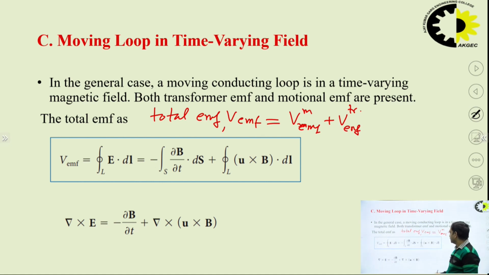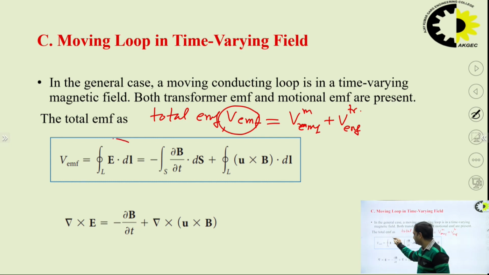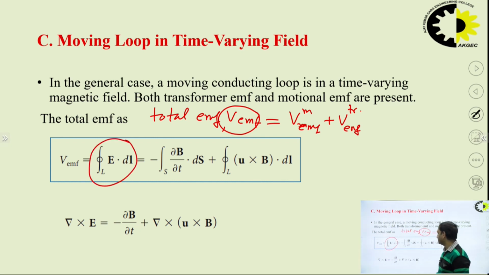Okay. So this EMF is nothing but E dot dl. On the left hand side, this is E dot dl. Now come to the right hand side. In the right hand side case, if we talk about this first, the transformer EMF, both the EMFs will be present. First is the transformer EMF, second is the motional EMF.